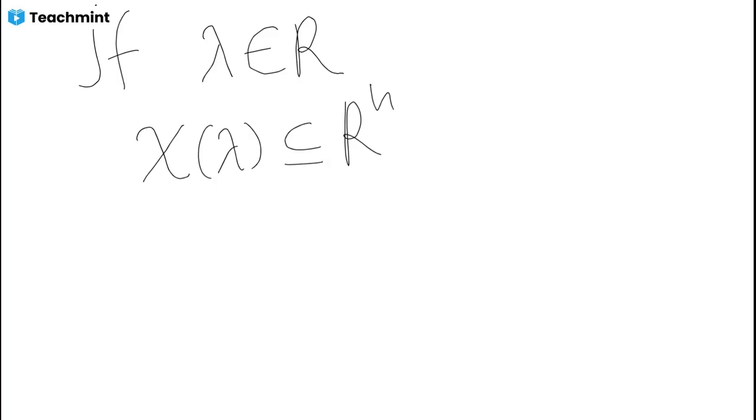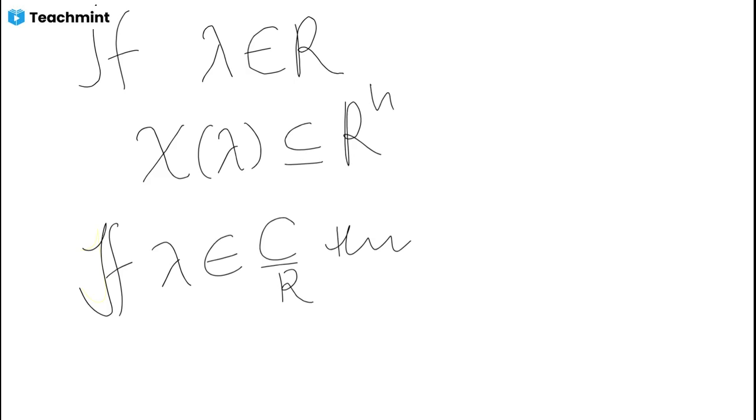Next point is, if lambda belongs to C over R, meaning having complex values also. C denotes complex. Then chi lambda also belongs to Cn over Rn.